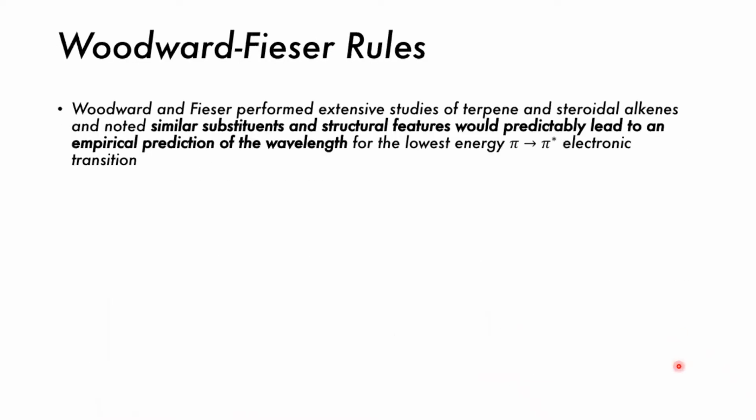So the Woodward-Fieser rules. Woodward and Fieser performed extensive studies of terpene and steroidal alkenes and noted similar substituents and structural features would predictably lead to an empirical prediction of the wavelength for the lowest energy pi to pi star electronic transition. So what does this mean?